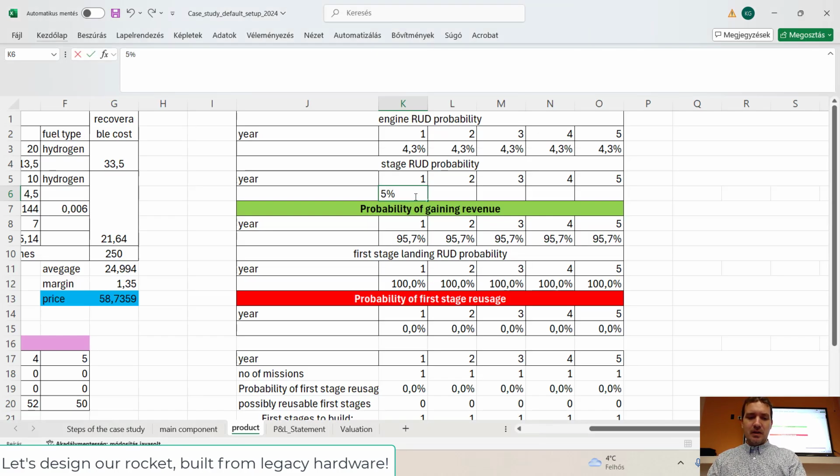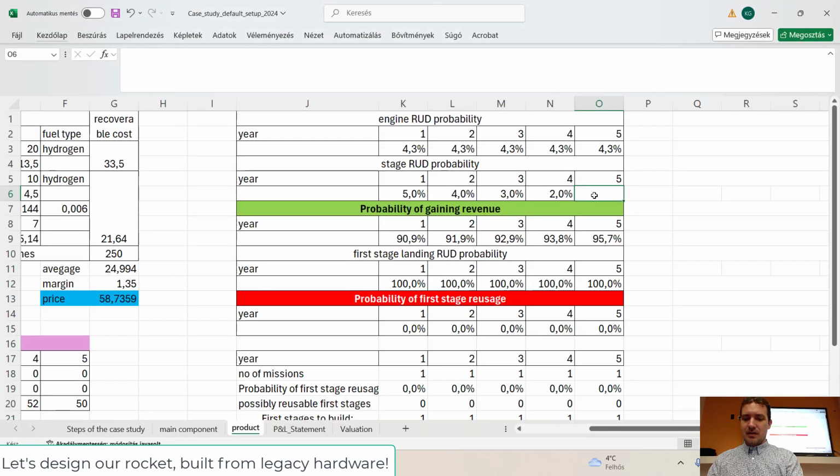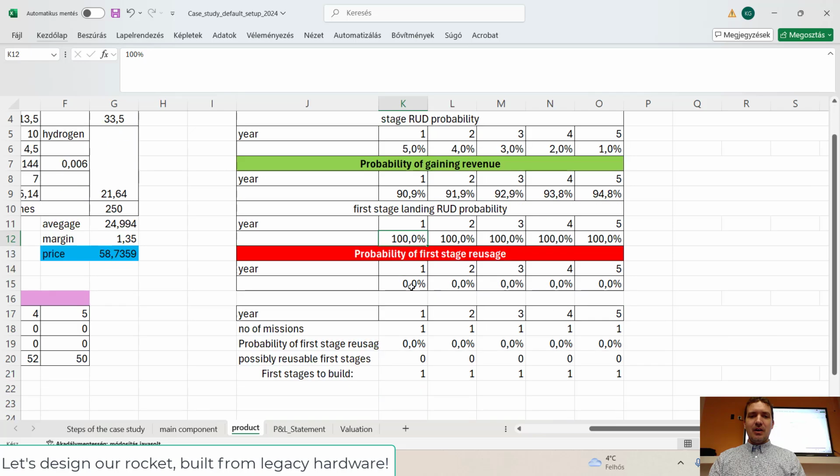So there is a learning curve. We can see that the first year can be tricky, but after that we will be much better.